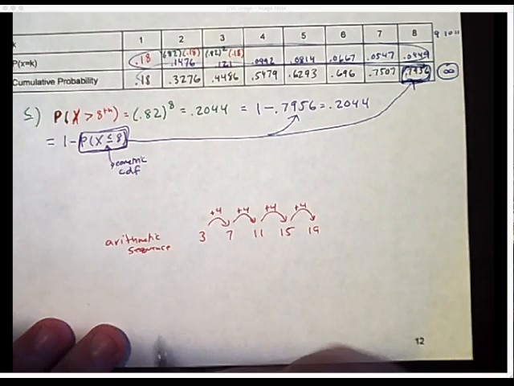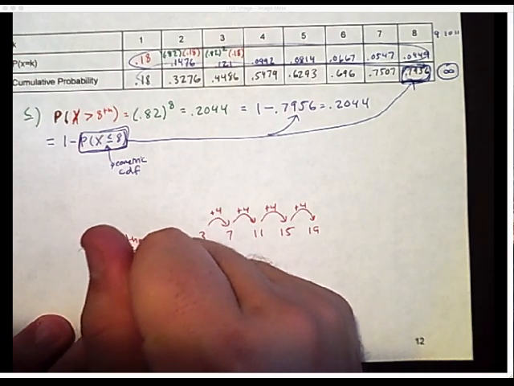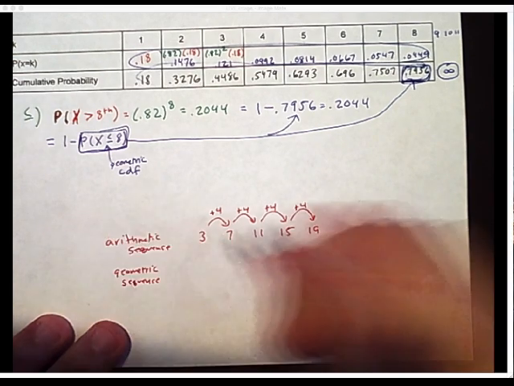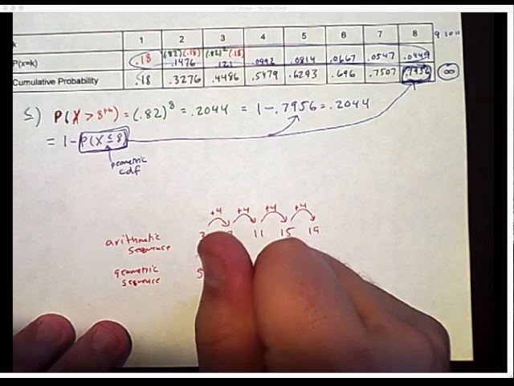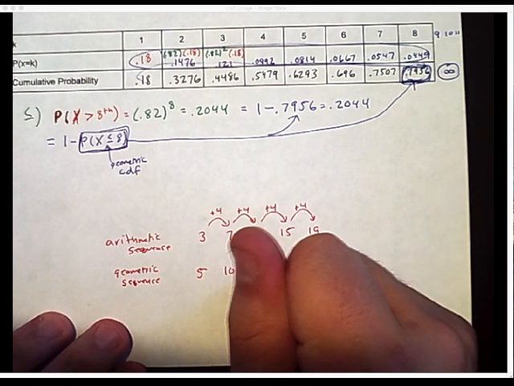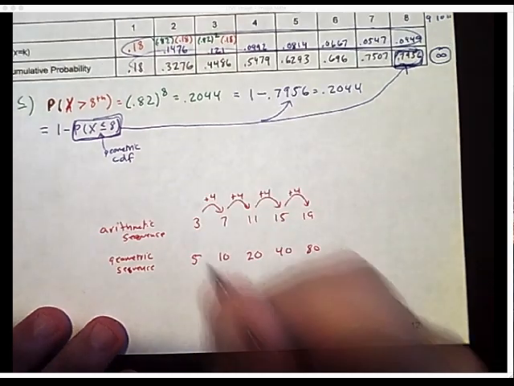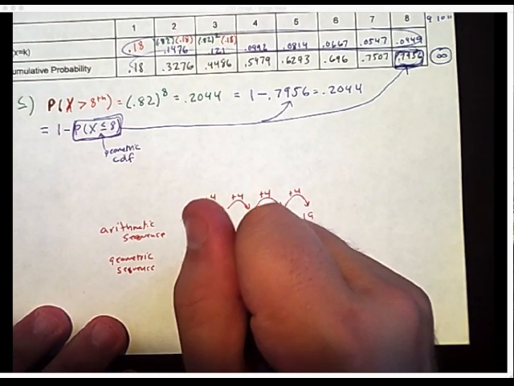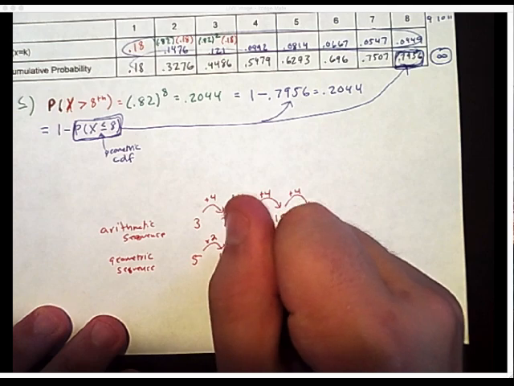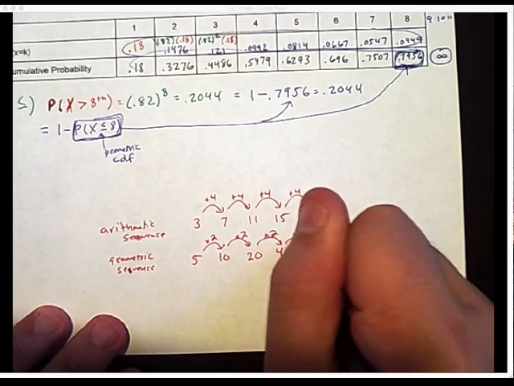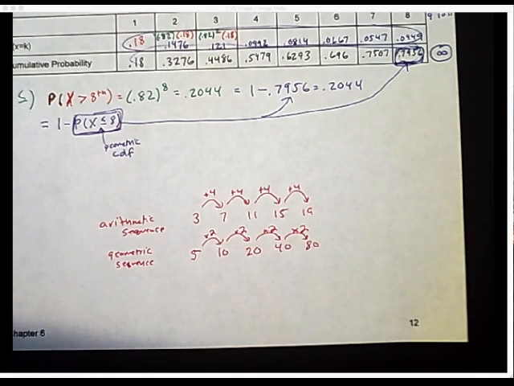Okay? But with a geometric sequence, I'll give you an example of a geometric sequence here. Okay, I'm just going to start at a number. All right, here's an example of a geometric. Okay. What's different about that, instead of adding, you're multiplying. You're multiplying by the same number each time, but right, the numbers are getting bigger and bigger and bigger.